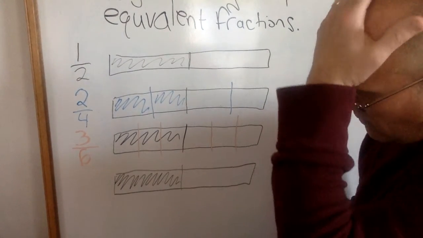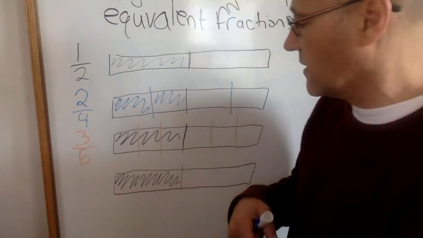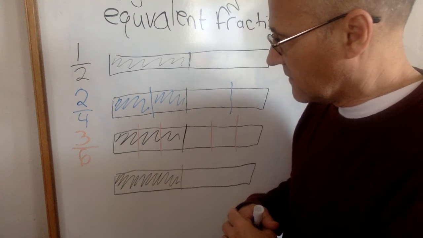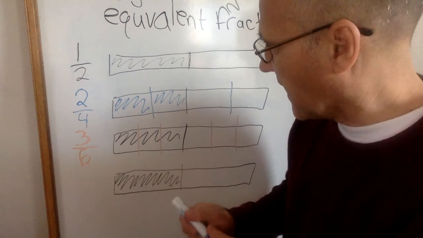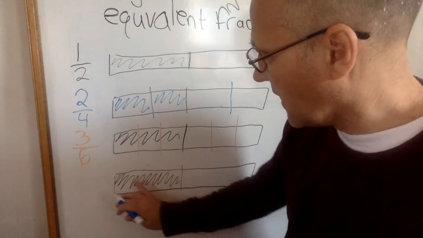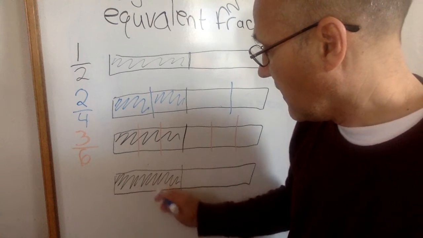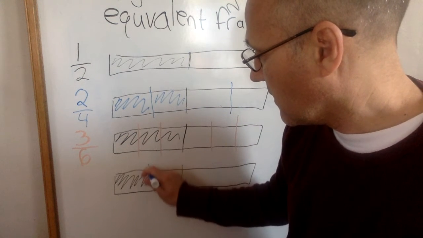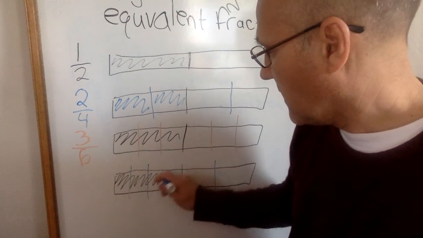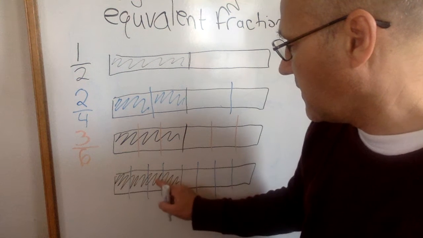Let's go with, if I partition this into eighths, we'll just do the next one, eighths. So if I partition each piece, right now it's 1/2, into fourths, then eighths.